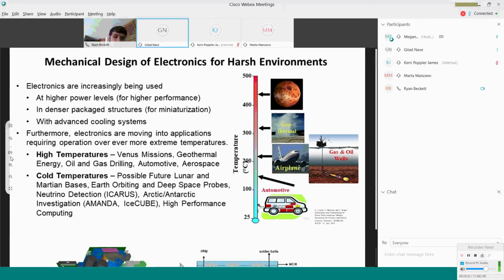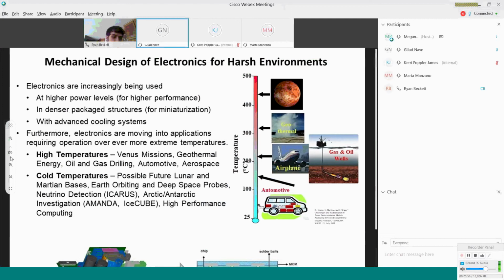You may see very cold temperatures below minus 200 degrees C. You may see very high pressures up to 20,000 psi when you're underground looking for geothermal energy or for oil. You may see large amounts of shock and vibration, for example, driving over a cobblestone street. You may see road salt if you're driving. You may see sea spray if you're on a boat. So there are all types of different environments that can wreak havoc on an electronic system.